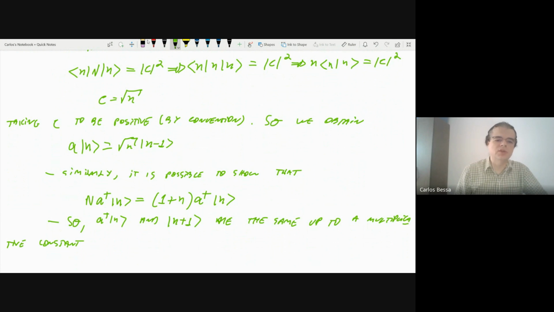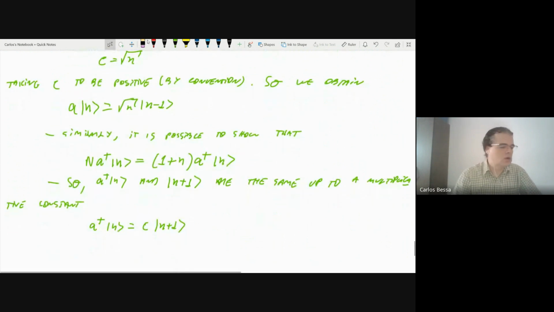We can do the same here for a dagger, the same arguments as before. So a dagger n will be just c times n plus 1. And we can find the constant c using the same method.